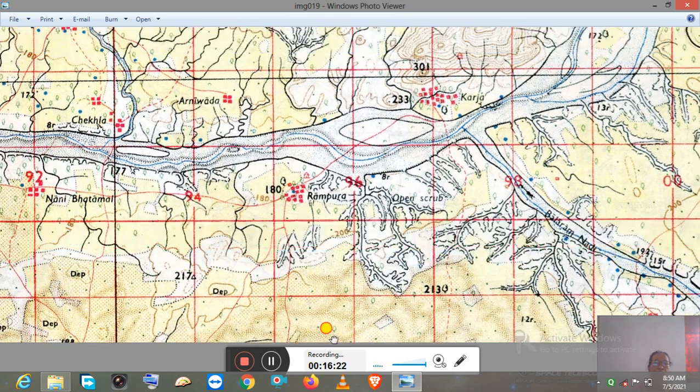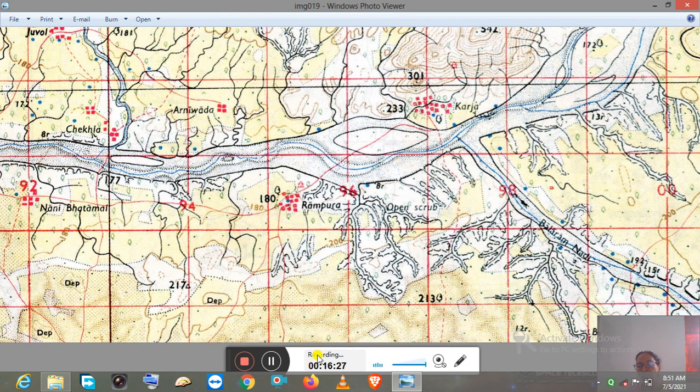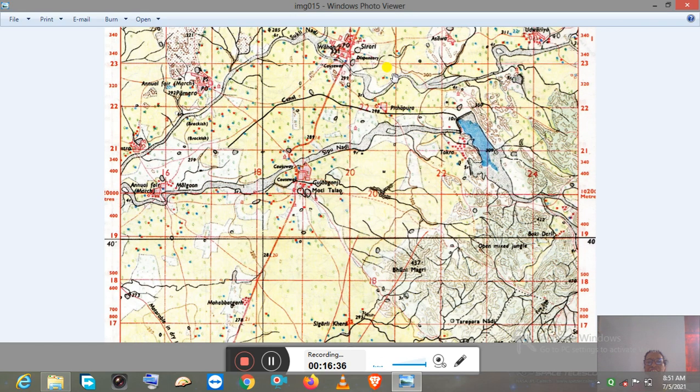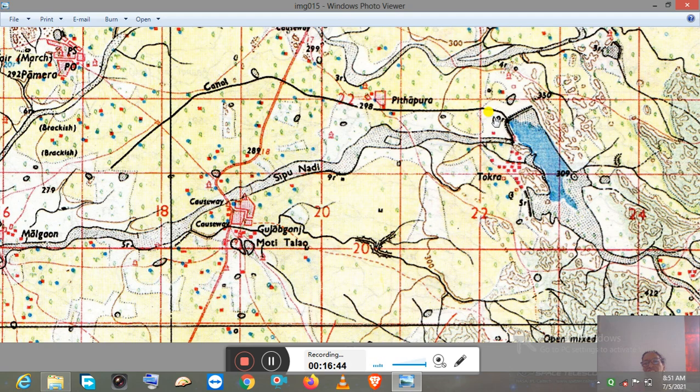So, some of the features you have already learnt here. In the next map, you can see some other features. Here, you can see a perennial large water reservoir, and 10R is written very close to the perennial tank, or you can say lake, and very close to this canal.